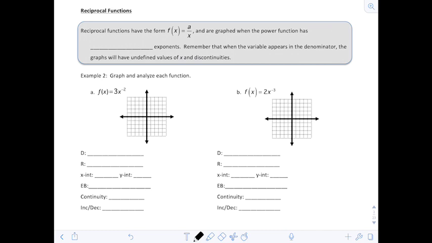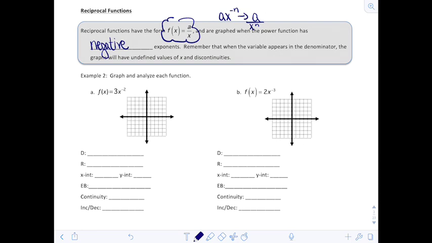And they are graphed when the power function has negative exponents. So the power function that we just talked about, this may be a x to the negative n. Now I would say a over x to the n.